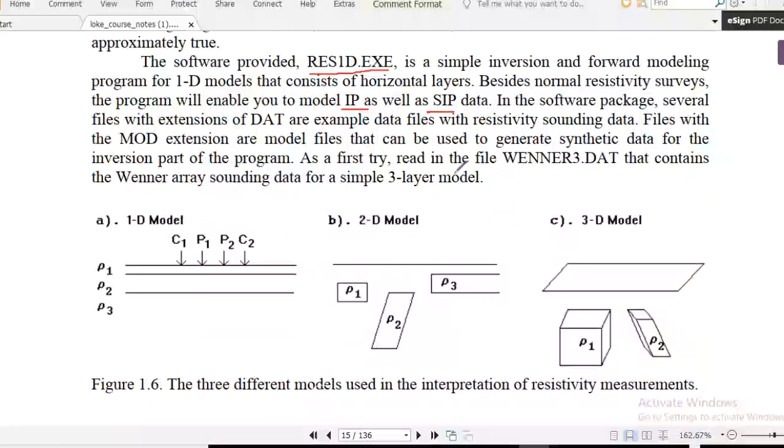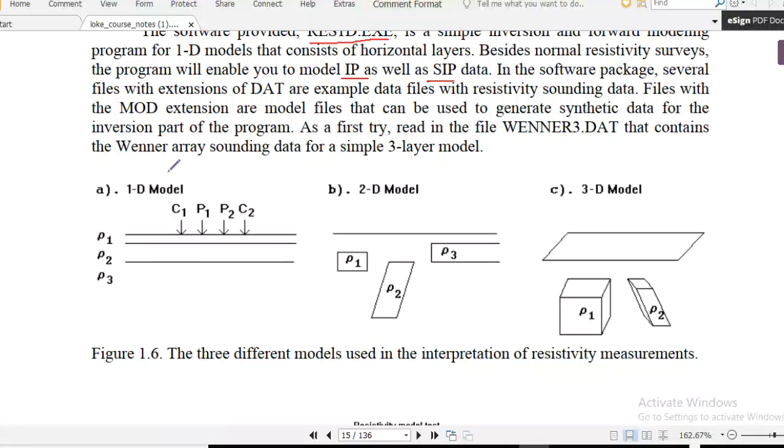Okay, here is the one-dimensional, here is the two-dimensional model, here is the three-dimensional model. In the one-dimensional model, there is no variation horizontally, it is the same along this line, all are row 1, row 2, row 3, only the variation of the resistivity with depth. In the two-dimensional model, you can have a resistivity difference downward, row 1 to row 2, or horizontally, row 1, row 2, row 3.